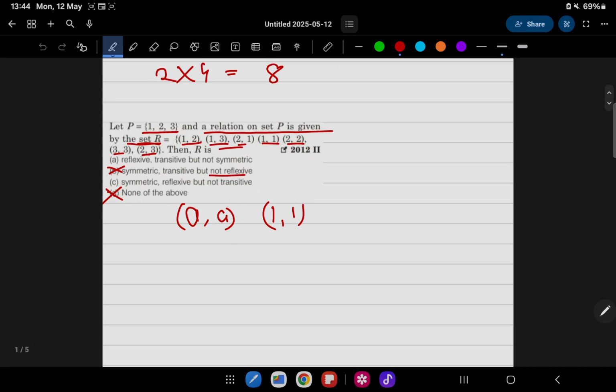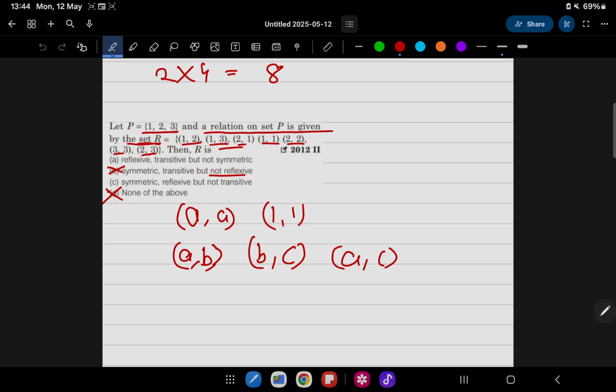Next we check transitive. The condition of transitive relation is a, b and b, c is present in a relation, then a, c is present.